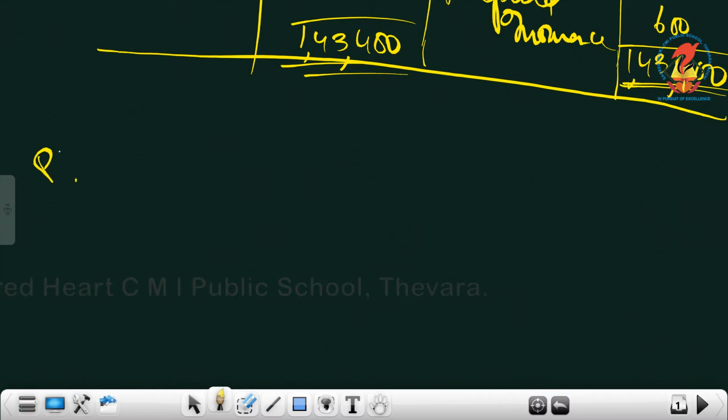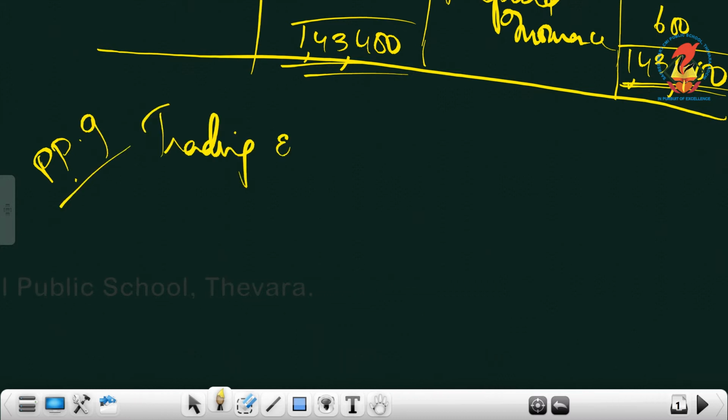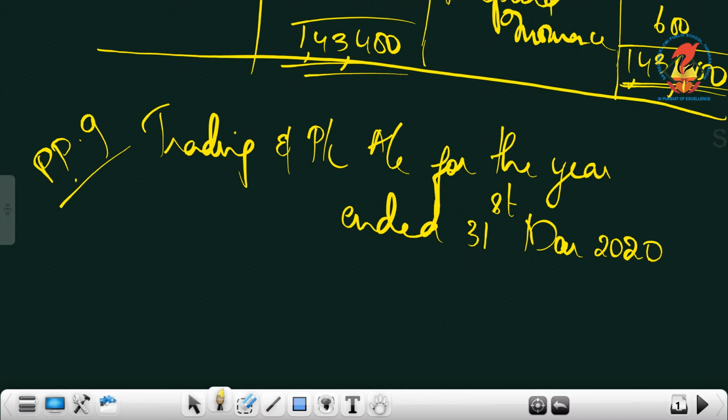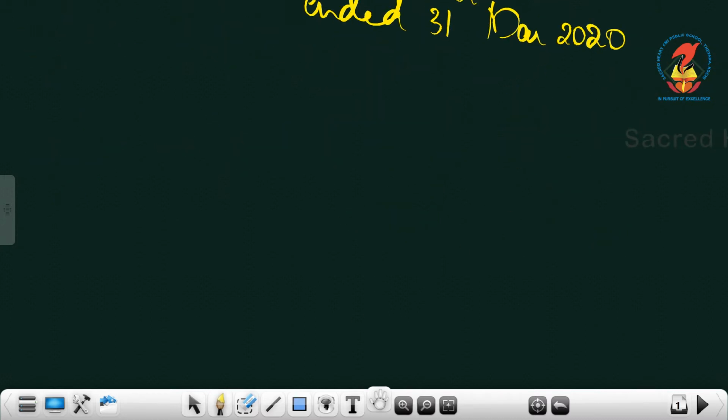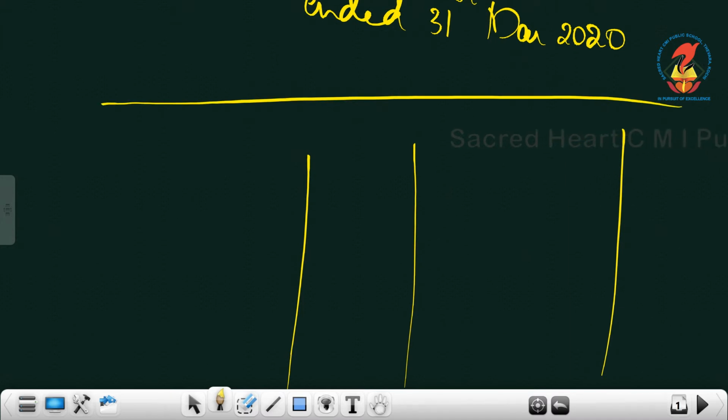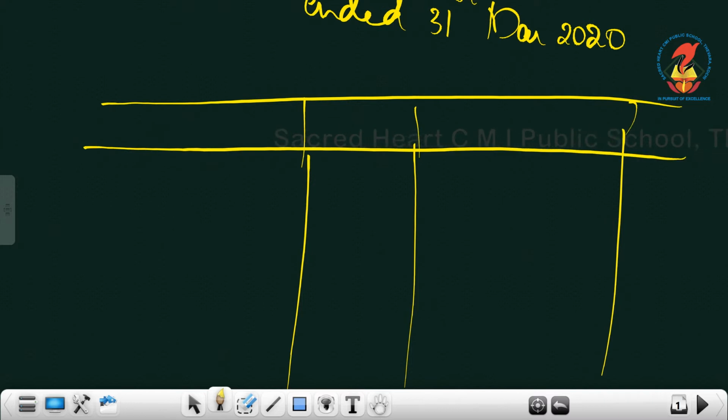The heading, the common heading, is Trading and Profit and Loss Account for the year ended 31st March 2020. Give the column headings particulars and amount.